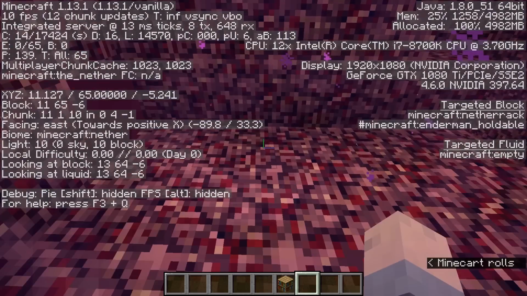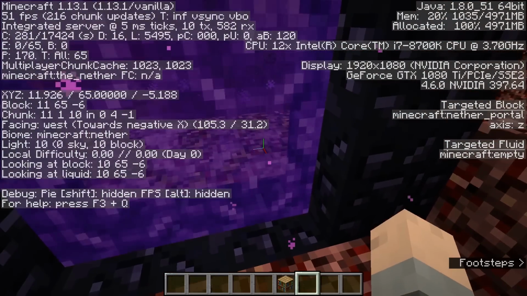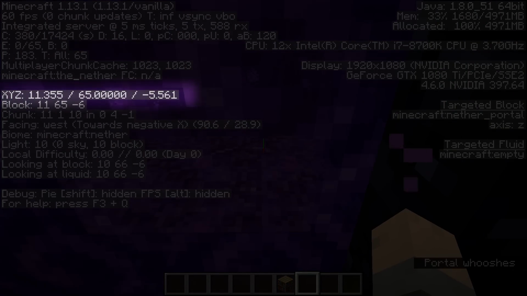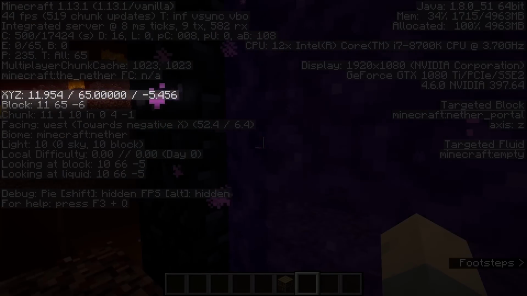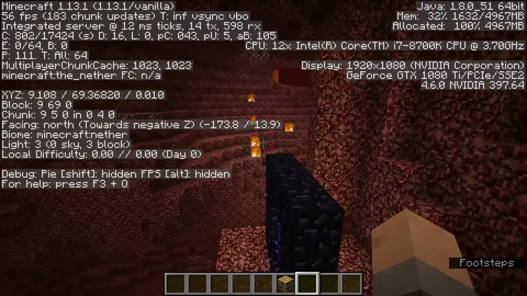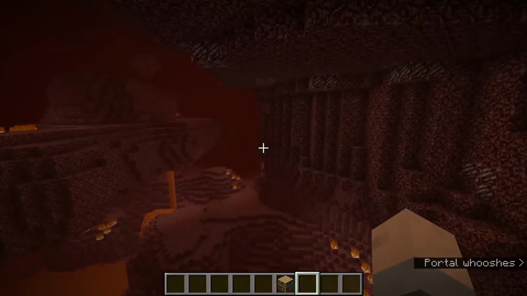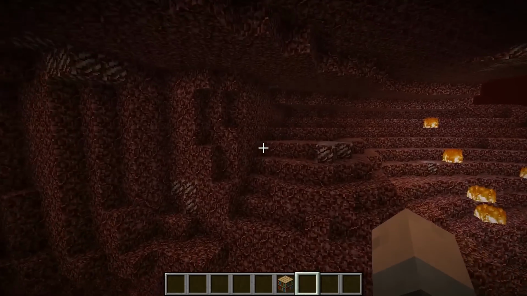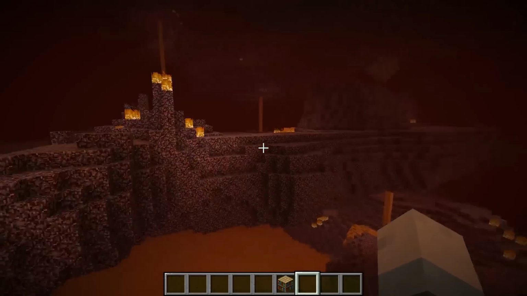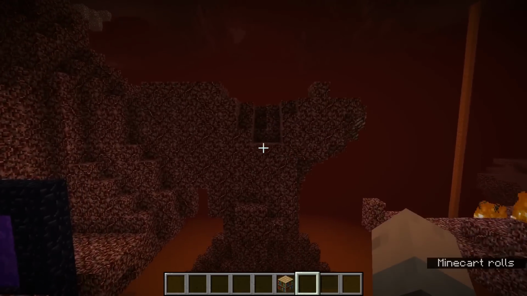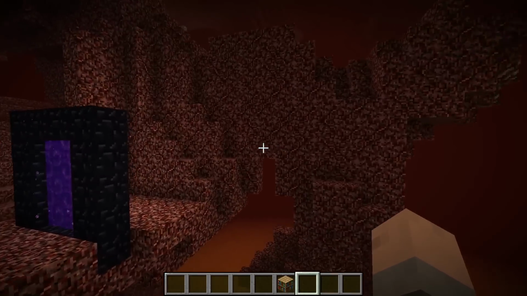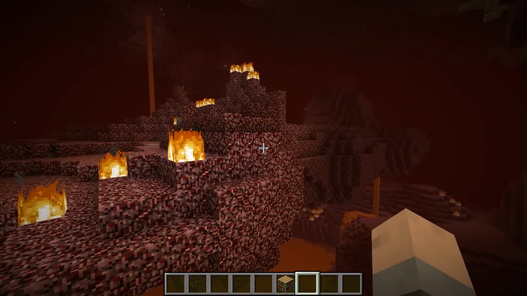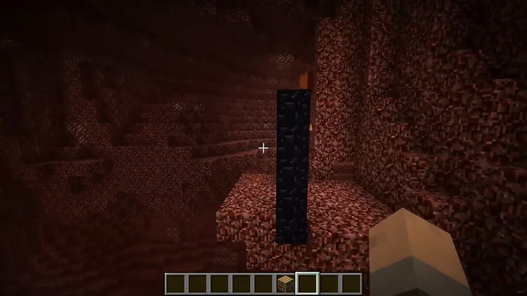When you're in creative mode, you immediately teleport to the other side. And you can see on the other side, we are at 11, negative 5. So if you didn't know this, inside of the Nether, for every block that you move horizontally, which means left, right, or really east, west, north, south, not vertically, which is up and down, any horizontal block that you move in the Nether, you're actually moving 8 blocks in the overworld.